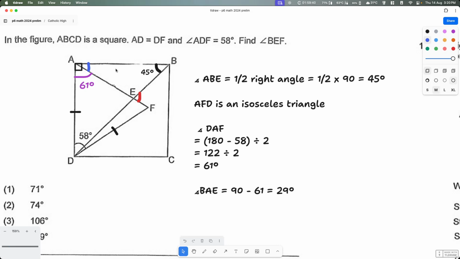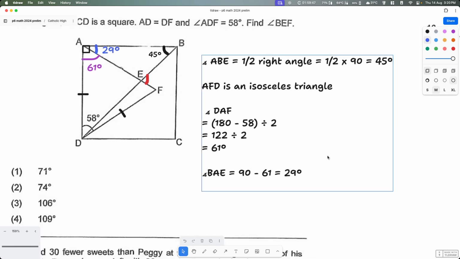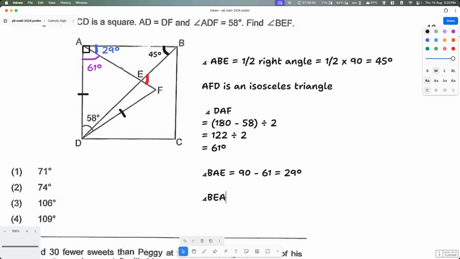Okay, I think we can get BEF. So we can get AEB or BEA. So angle BEA is equal to 180 minus 29 minus 45. So basically 180 minus 45 would be 135.